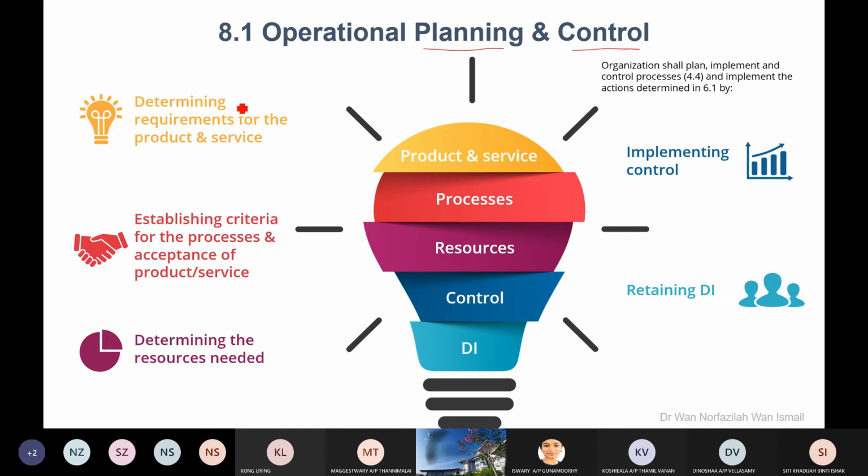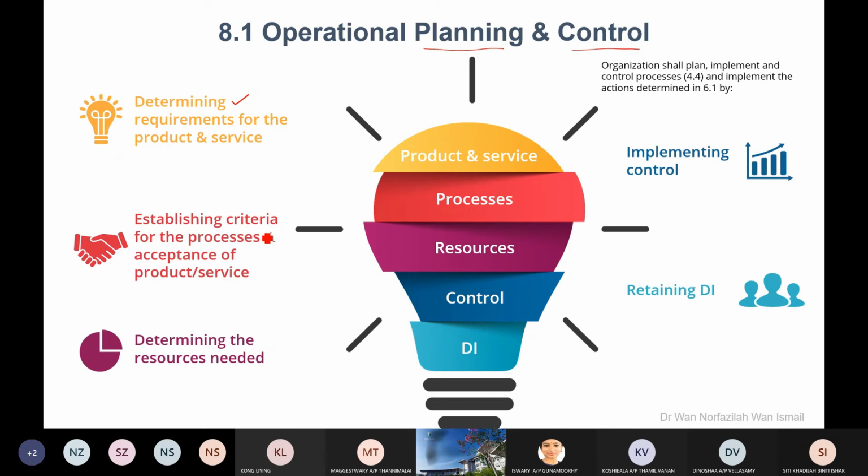Determine. How to determine depends on the company. They can have a management review meeting to determine the requirements. They know their product and services better, so they need to determine the requirements.